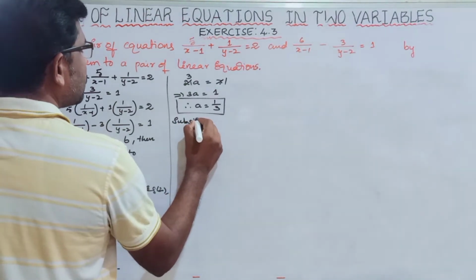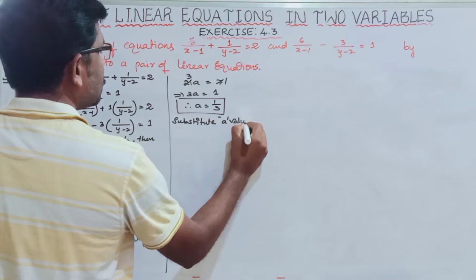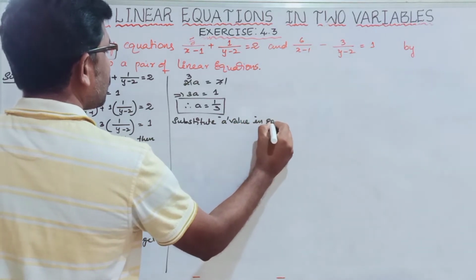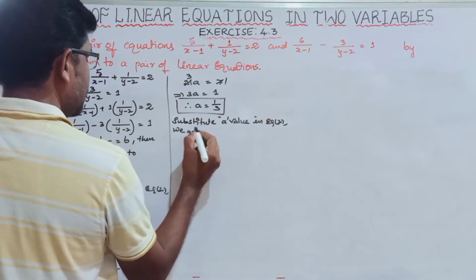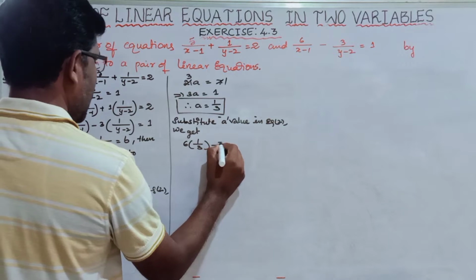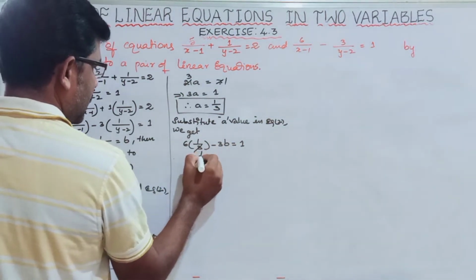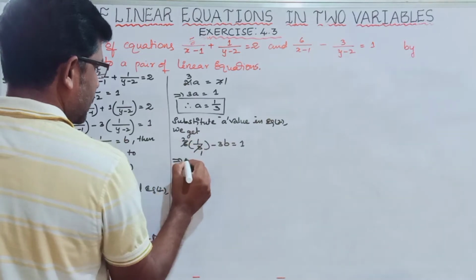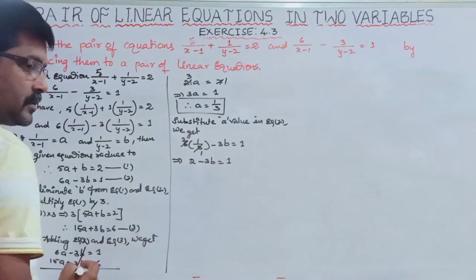Substitute the a value in equation 2. We get 6 into 1 by 3 minus 3b is equal to 1. 3 twos are 6, so it implies 2 minus 3b is equal to 1.